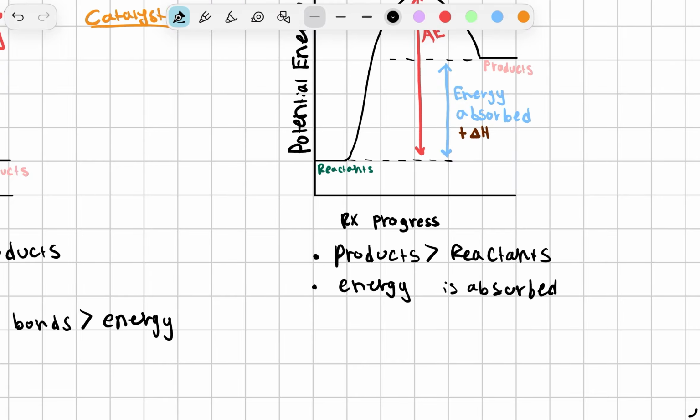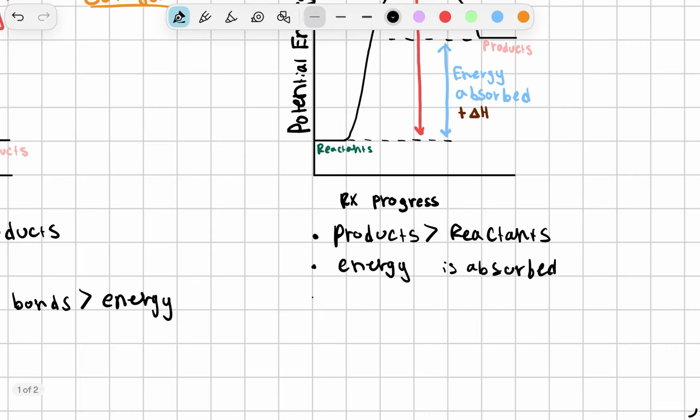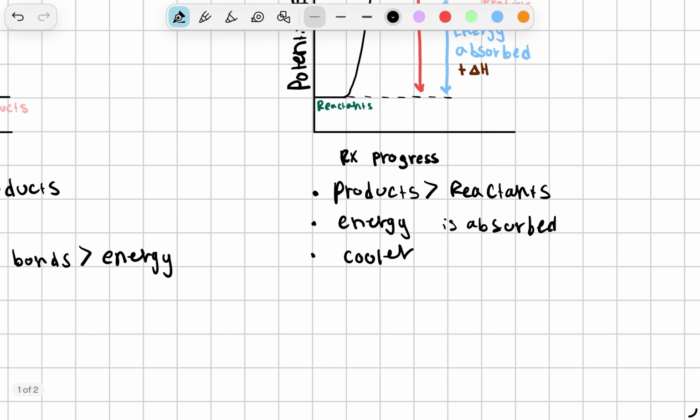And if you did a reaction, how could you tell energy is absorbed? Well, the surrounding area might be cooler. And as opposed to exothermic reactions, endothermic reactions occur when the energy absorbed to break bonds is greater than the energy released by the formation of bonds.